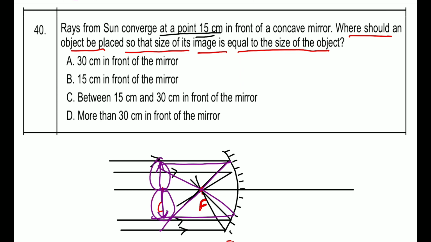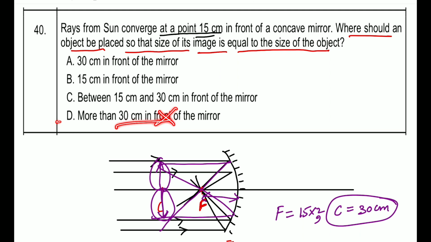So you need to place it at twice the focal length. If the focal length is 15, then you place it at 30 centimeter. Can we see the option 30? More than 30, no, this is not the answer. Between 15 and 30, no.